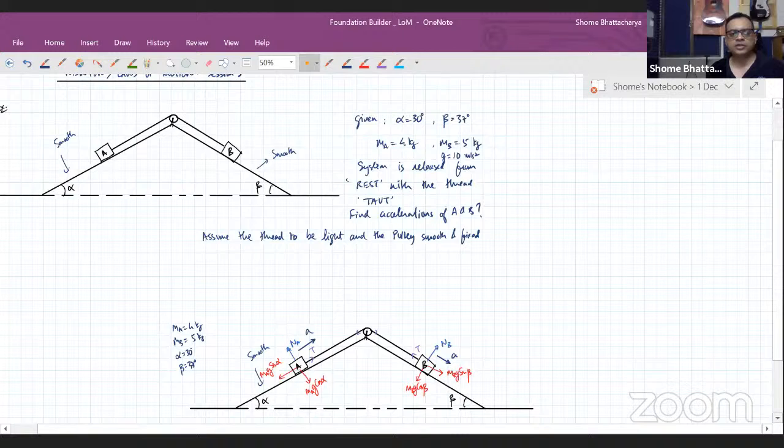Okay, so now use the free body diagrams I made and calculate the magnitude of the acceleration.